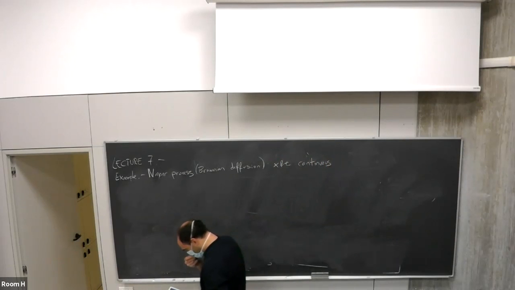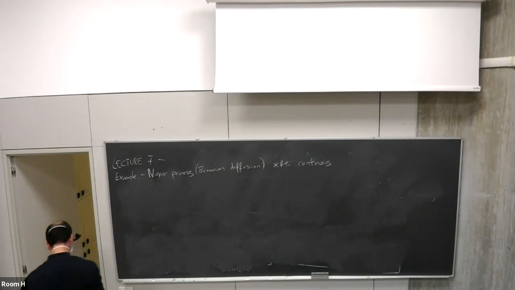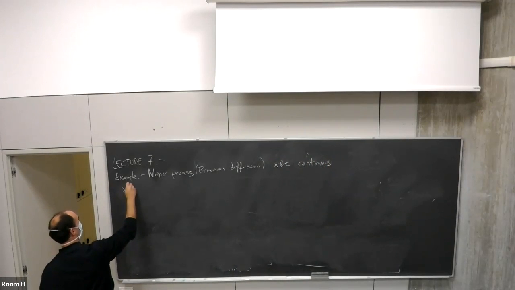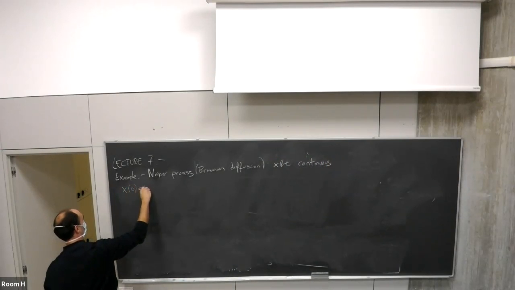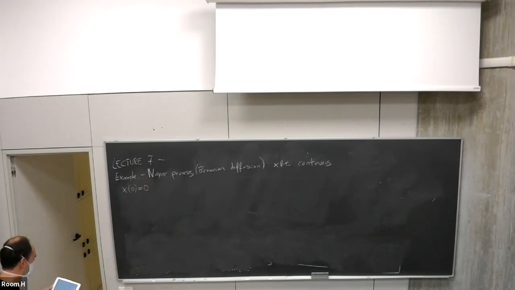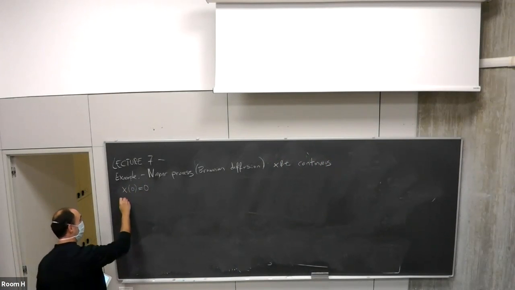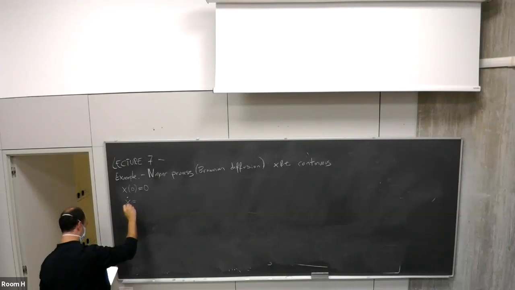This is defined as follows. So again, we will say x at time 0 is 0, and it evolves following an equation that I'll give later in the course in detail, but it's this one.